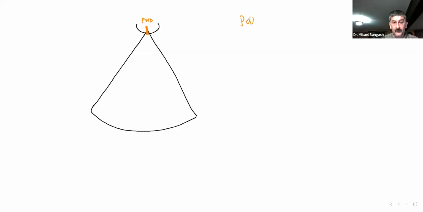Clear? Because, guys, what did we call this? We called it a pulsed wave Doppler. Doppler is something that will help us measure the velocity of blood.